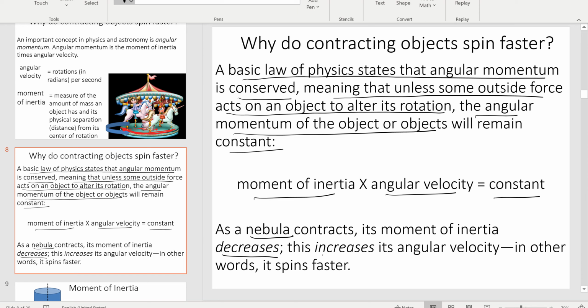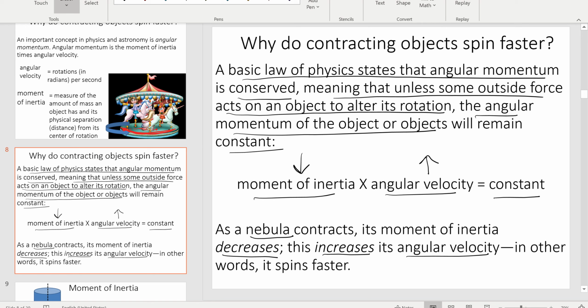This then increases the angular velocity, because as moment of inertia goes down, angular velocity goes up. I want you to think about this in just a mathematical way, because when you multiply these two things, you get a constant. The same would be true if you took moment of inertia and increased it, angular velocity would go down. That's the point I was just making earlier.